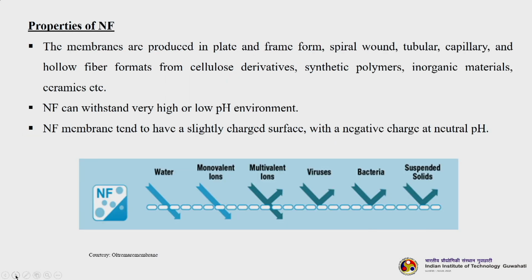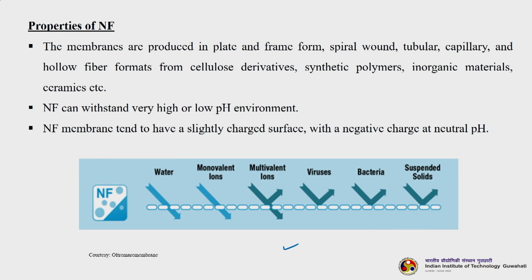If you look at this schematic, you can see that water and monovalent ions are mostly transmitted to the permeate side, whereas most of the multivalent ions, viruses, bacteria and suspended solids are rejected. Some multivalent ions will of course pass through the membrane because of the non-ideal semipermeable membrane that exists.